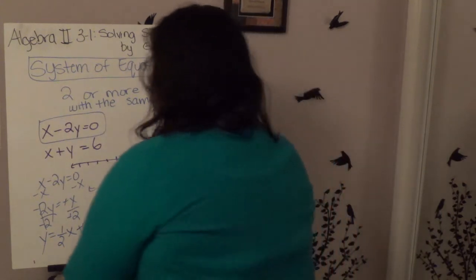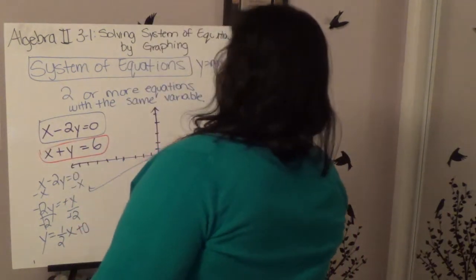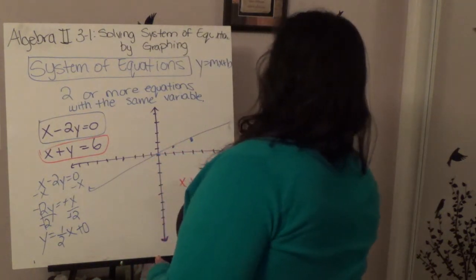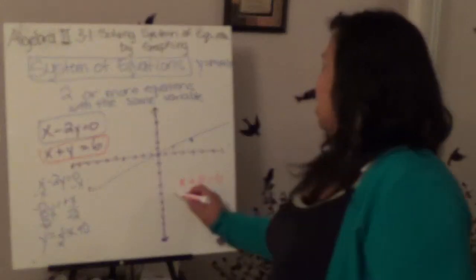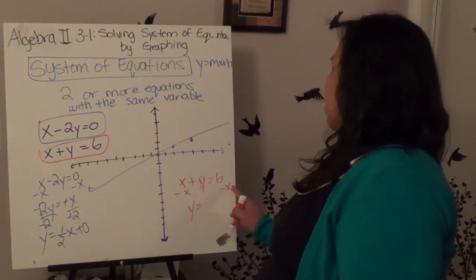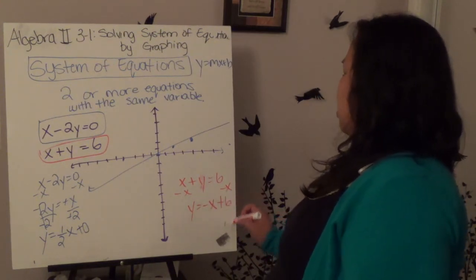So let's try the next one: x plus y equals 6. I'm going to take the x and put it on the other side. y equals negative x plus 6.